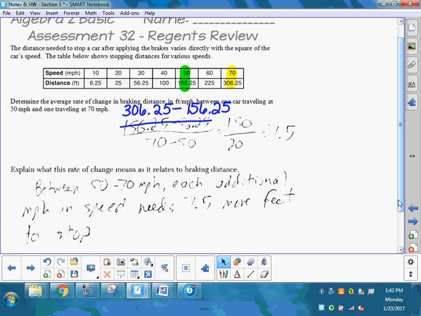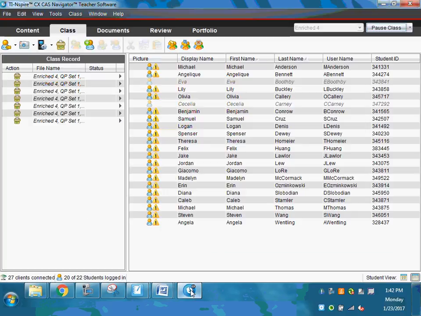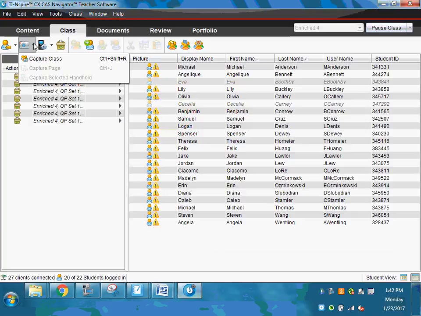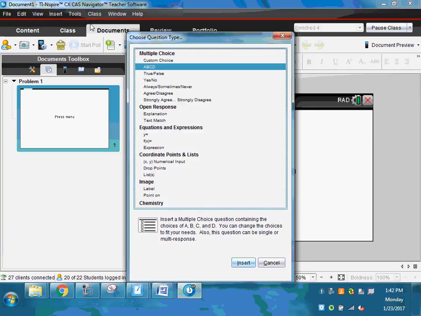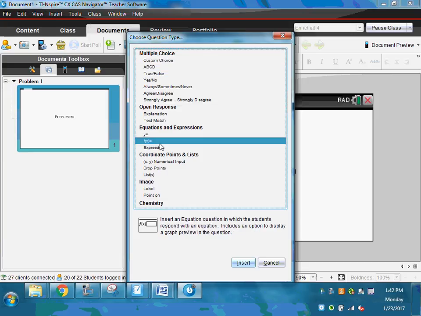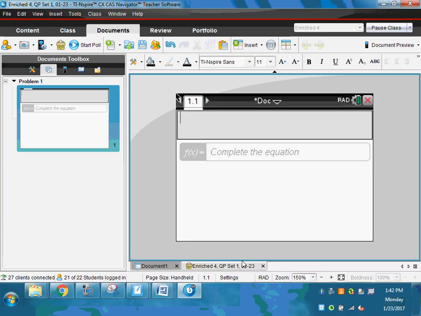Is everyone logged into their calculator? Yes or no? Okay, so if you haven't already, it's on you. Let's do this right now. Log in if you haven't already. Go through right now, please, and enter just the numeric answer or answers that you got. It's coming out to you right now.